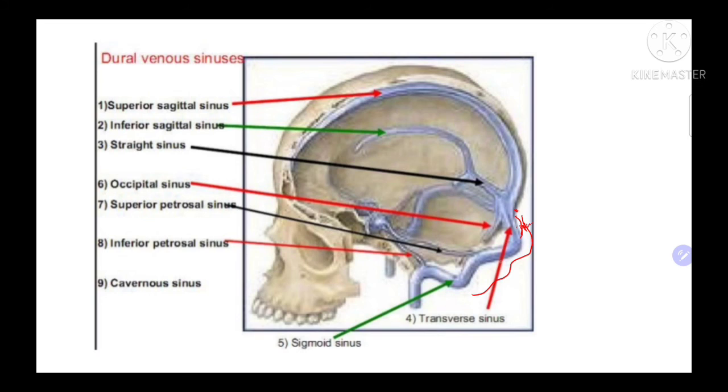In the origin of the mastoid segment, it's going to receive the superior petrosal sinus, and in the mastoid segment, it's going to receive the vein of the aqueduct and the vestibule also, and also a very big vein. This is the mastoid emissary vein.